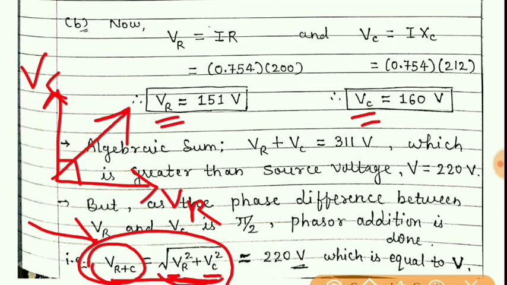And if you put the values and calculate this, you will get approximately 220 volt, which is equal to the source voltage. So students, I hope you understood this example as well as the resonance. If you have any doubt, you can ask me.